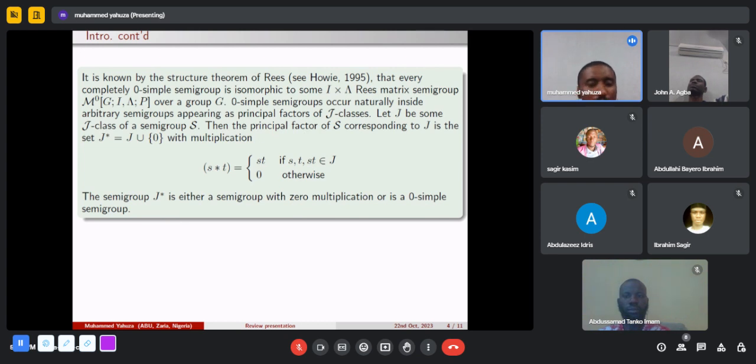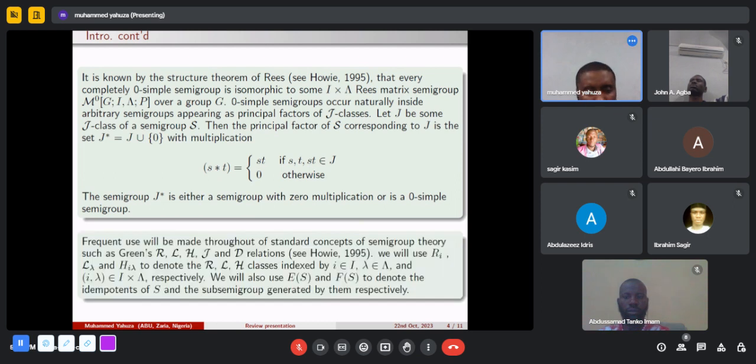Otherwise, you have zero. Then the semigroup J star is either a semigroup with zero multiplication or is a zero simple semigroup. Here we'll be making use of the standard notations in semigroup theory, such as Green's R, L, H, J, and D relations.